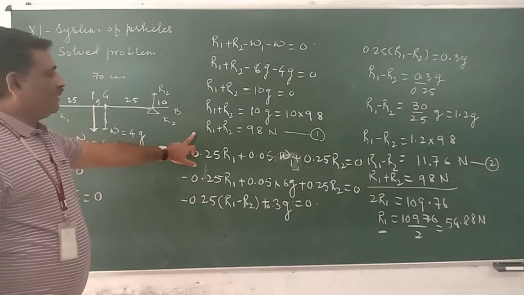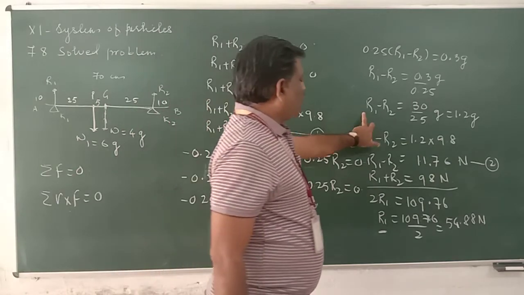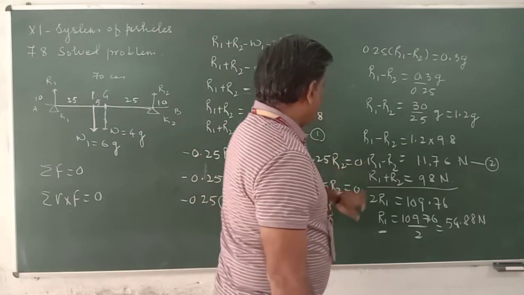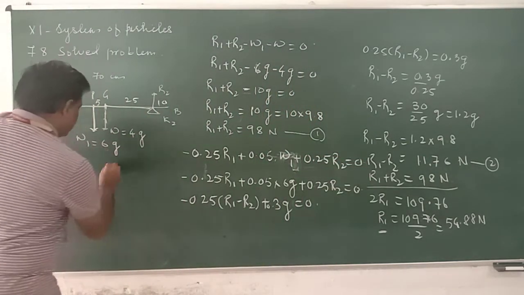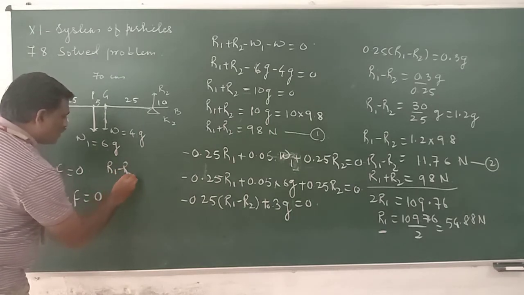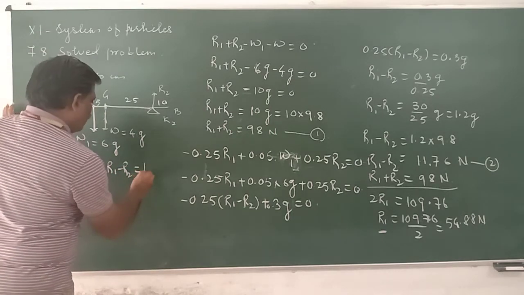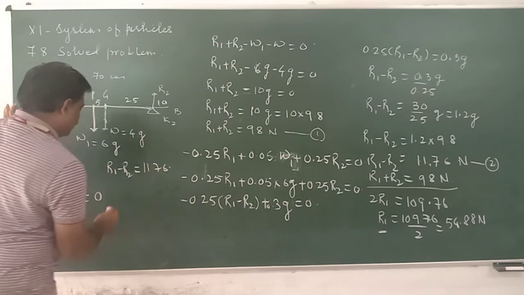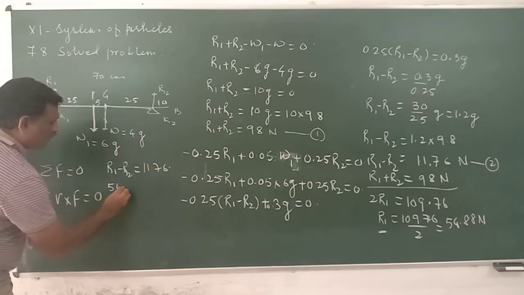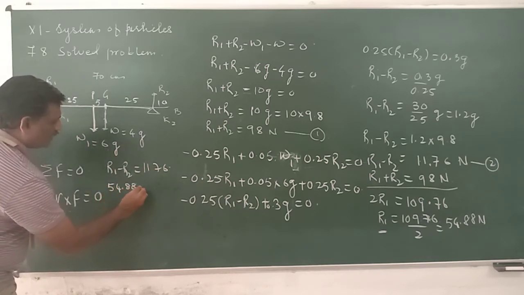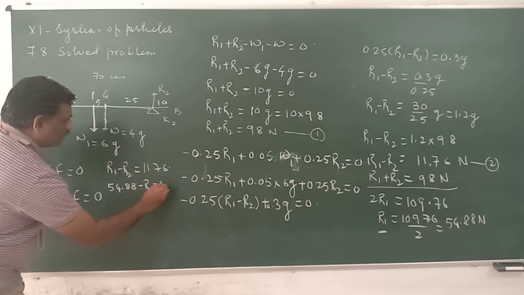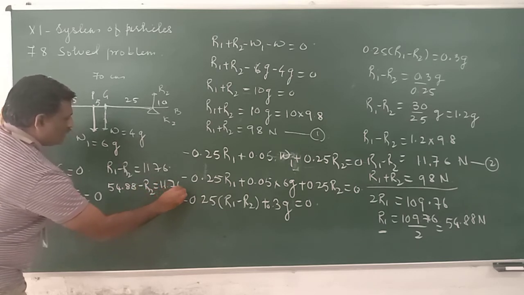Just bring it here. If you check, we can take this equation: R1 minus R2 is equal to 11.76. So R1 is 54.88 minus R2 equal to 11.76.